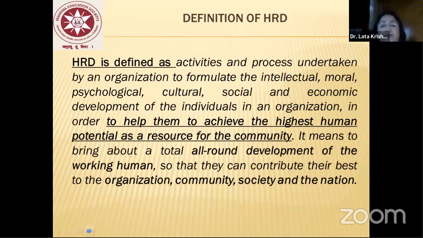Human resource development is defined as activities and processes undertaken by an organization to formulate the intellectual, moral, psychological, cultural, social, and economic development of individuals in an organization in order to help them achieve the highest human potential as a resource for the community. It means to bring about a total all-round development of the working human so that they can contribute their best to the organization, community, society, and the nation.